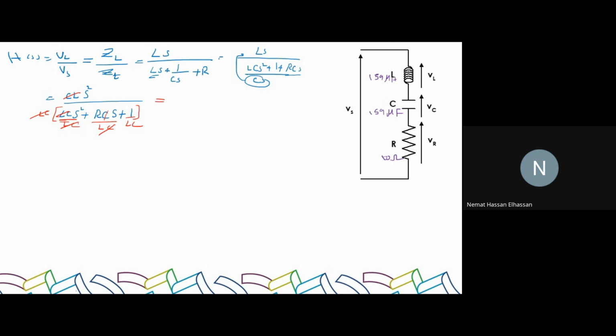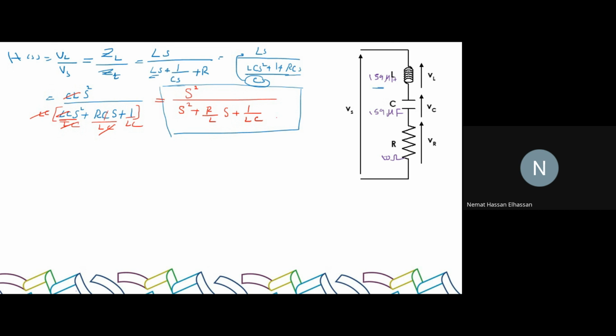What I am left with is S squared divided by S squared plus R over L S plus 1 over LC. Are we good? This is part 1 of the question done. Find the transfer function. This is the transfer function. Correct?